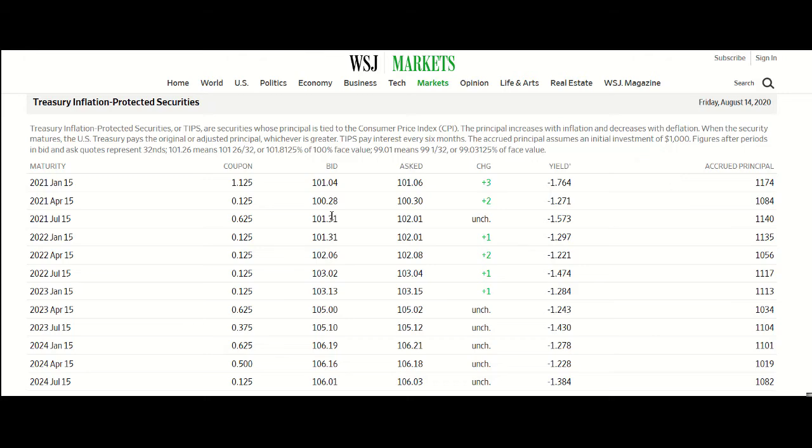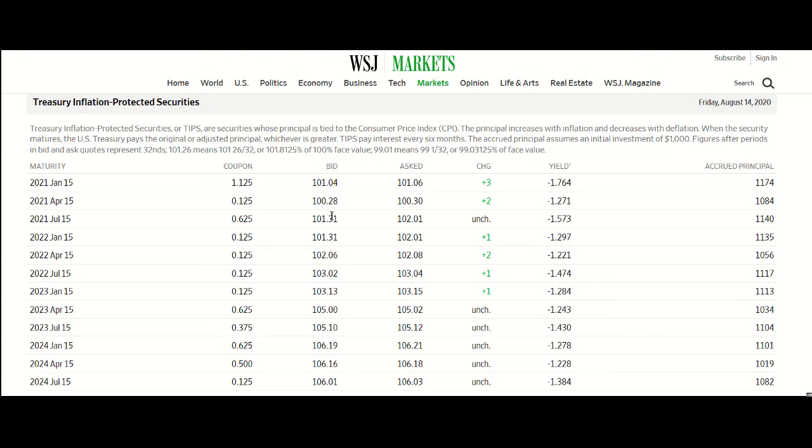Basically divide it by 10. And so here you've got bid and ask prices as a function of 100. You've got 101.04 for a bid and 101.06 for the ask. Since these are in dollar amounts, the dealer will buy them at 101.04 and sell them at 101.06 for a small spread. Now the change in price was up just a little bit. Now the yields, see the yields are negative and they remain negative.